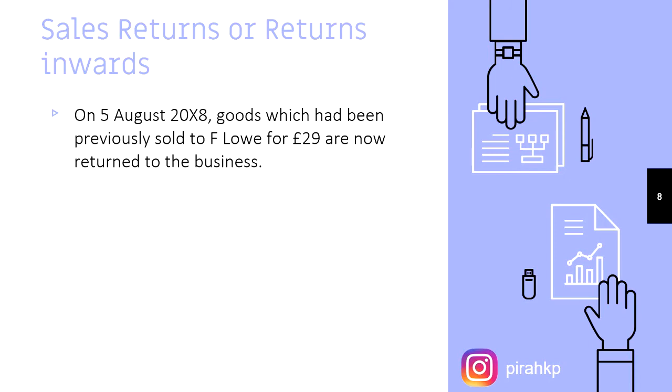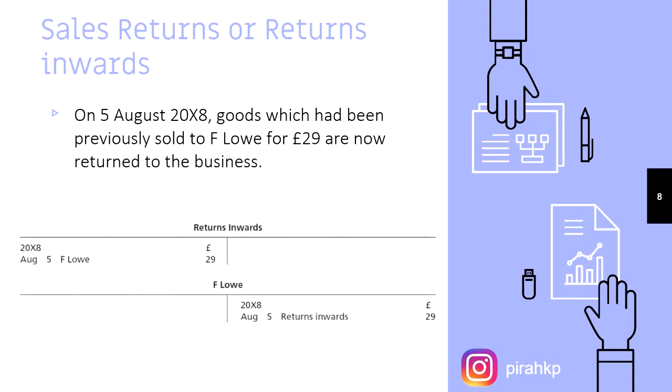That's not ethical. And second thing is that you want to know how many returns were done within this month, within this year, and what were the reasons and what happened. So for all that, you have to create a separate account. So what will you do? You will go sales return, debit, and FLO, credit.